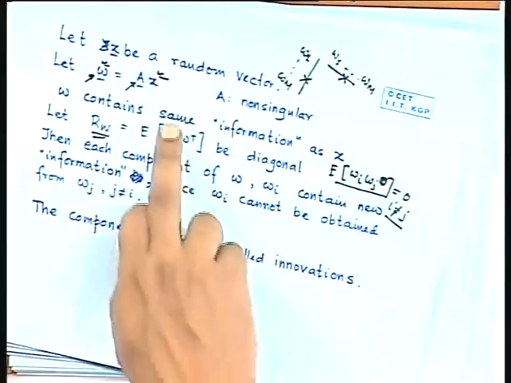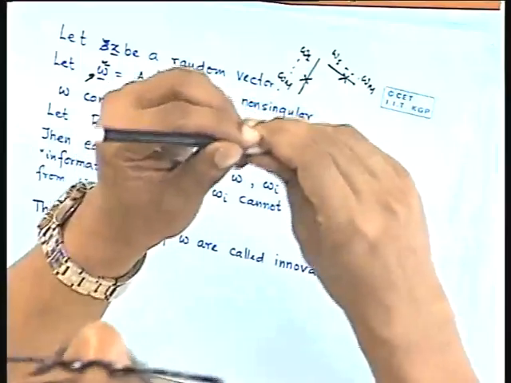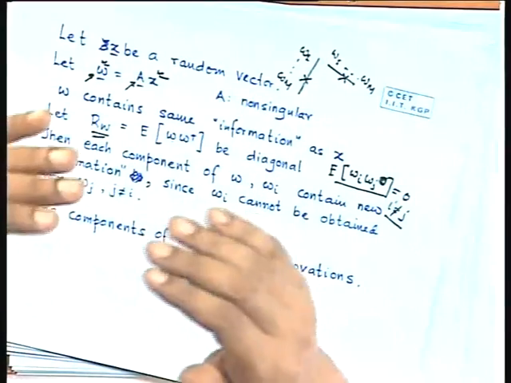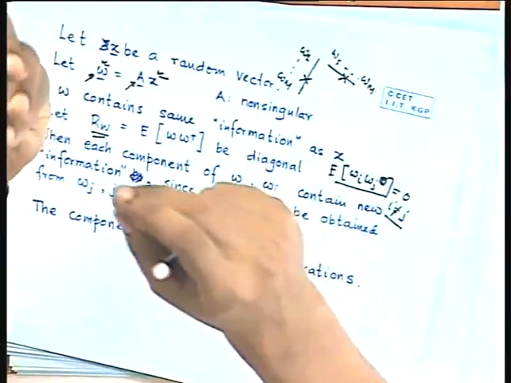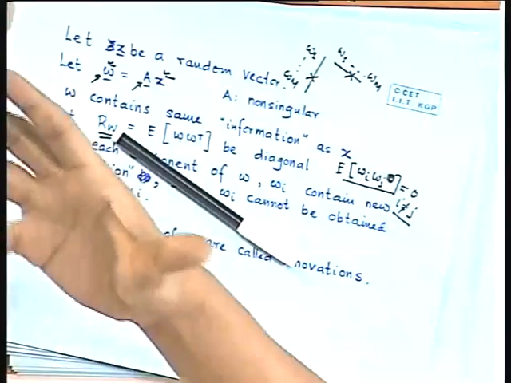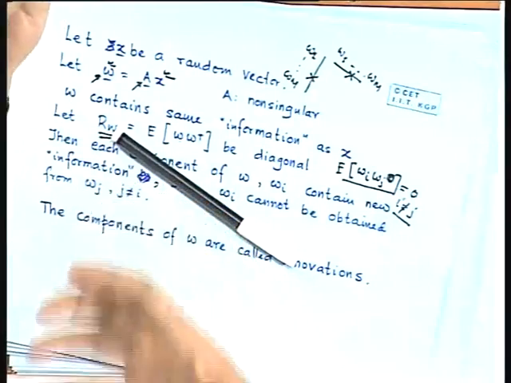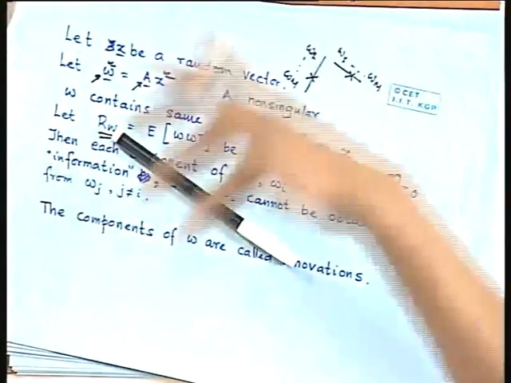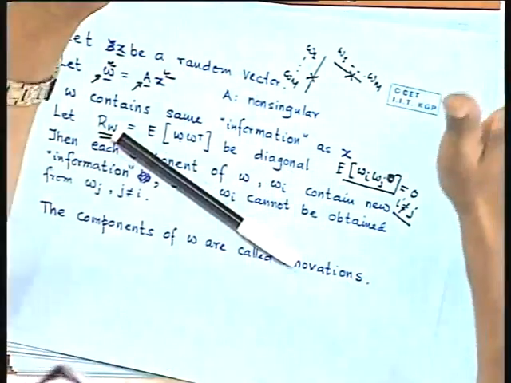That means that the elements of W are uncorrelated, which means that each element has no bearing on the other. As if each component carries some new information which cannot be obtained from the other. So whatever information Wi holds, it cannot be generated from Wj or all the others, because Wi has no relationship with any other Wj.